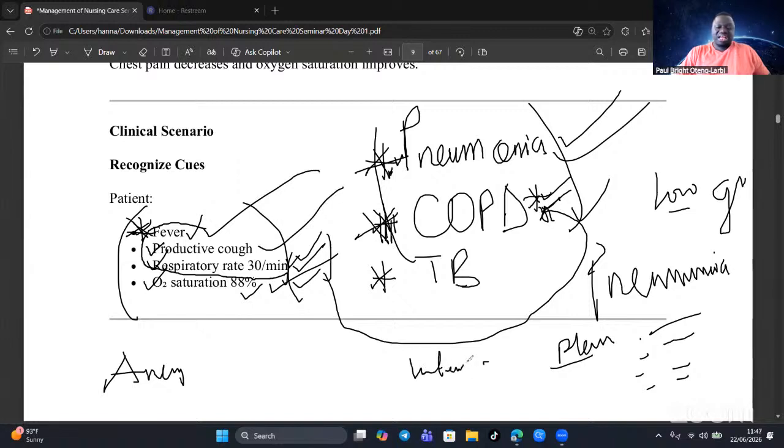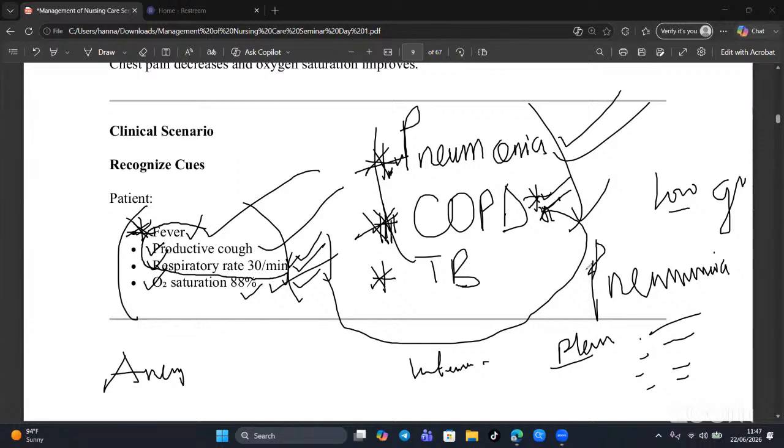So for the interventions, you ask yourself, which one can I do by myself? I don't need a doctor's order. Which one do I need a doctor's order to do? And which one do I need other staff? I need a dietitian. I need a respiratory therapist. I need those people who do exercise for us, the physiotherapist.